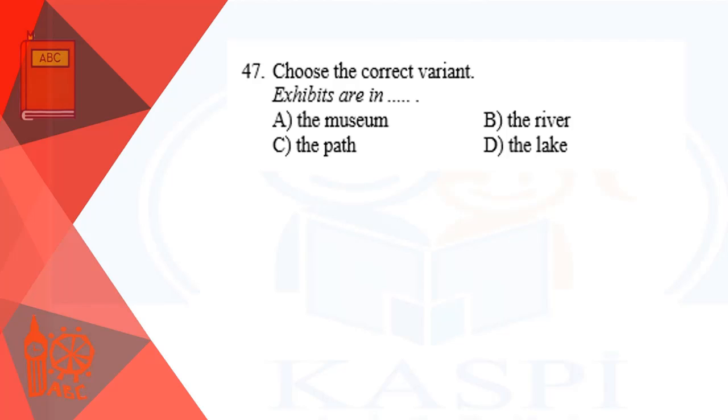They can be pictures, mummies, portraits, ancient things, whatever. So where are these exhibits? Of course, in the museum.